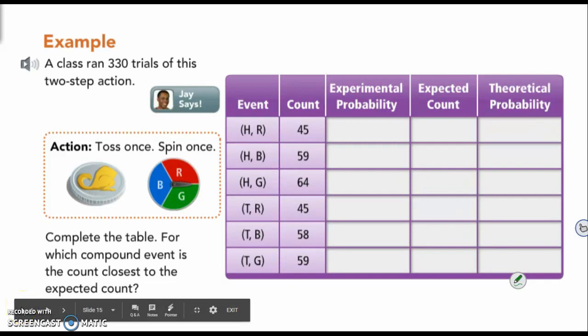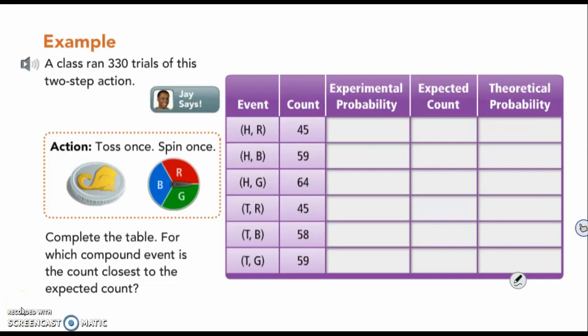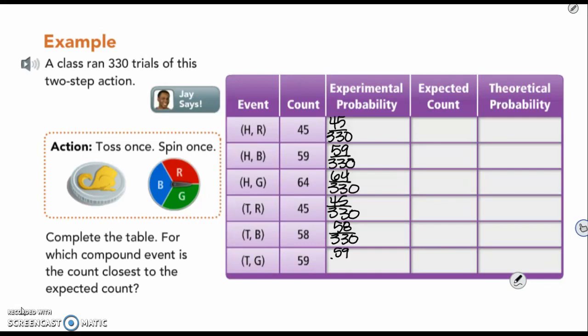The first thing that we're going to do is write the probability for our experiment. As you can see, the trials were 330. Out of that, tossing heads and spinning red occurred 45 out of 330. Then we have 59 out of 330, 64 out of 330, 45 out of 330, 58 out of 330, and 59 out of 330.